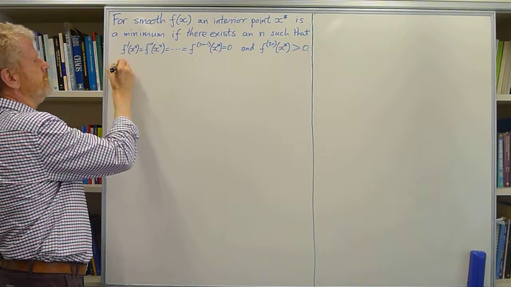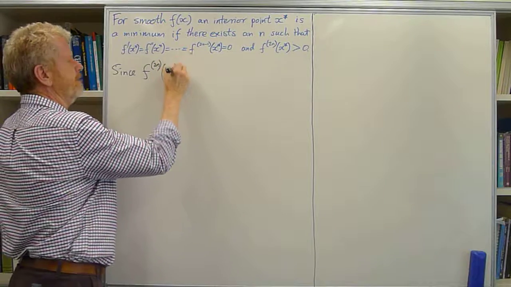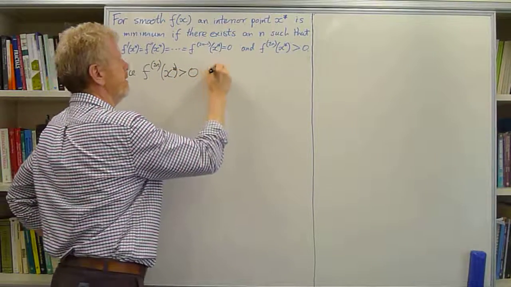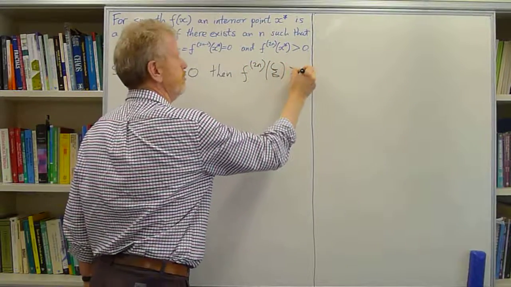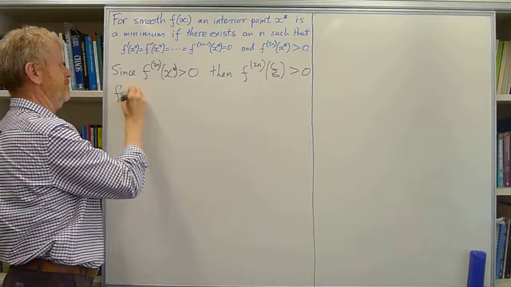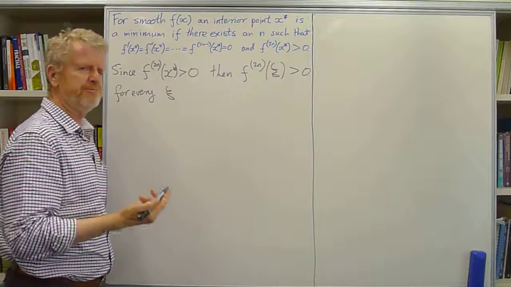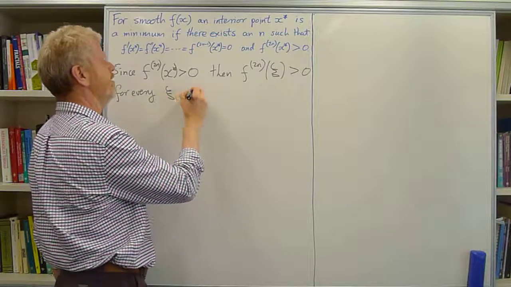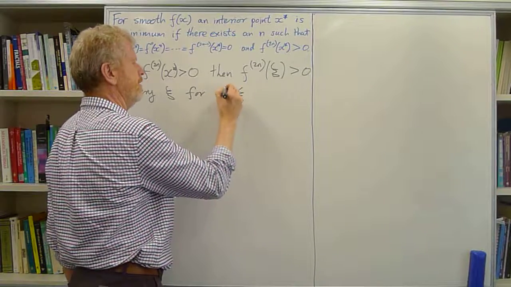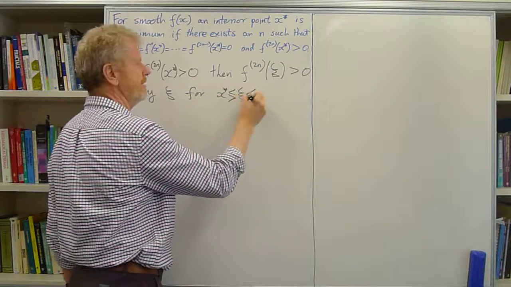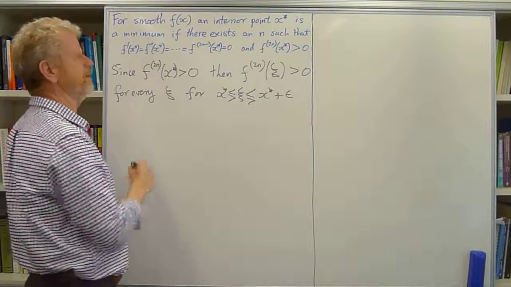Okay, so by continuity, since f 2n of x star is bigger than 0, then the 2nth derivative of f at psi is also bigger than 0 for every psi near enough to x star, and we'll phrase that as: for all psi in between x star and x star plus epsilon, for small enough epsilon.